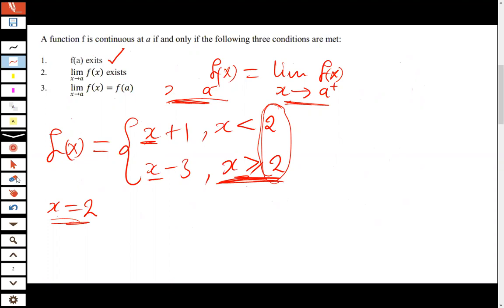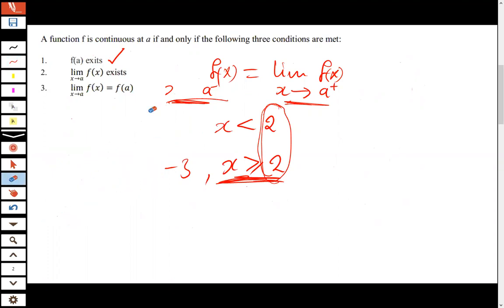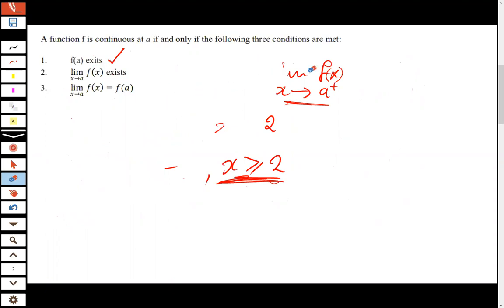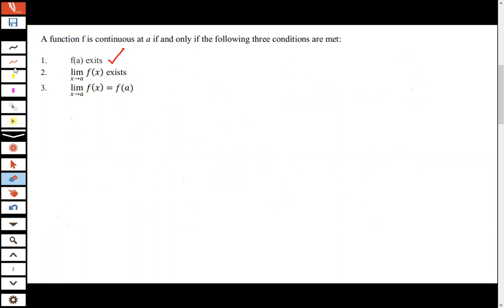As you are solving, if you find that any of these rules has been broken, or the function is not following any of these steps, you can conclude. So if in the first step you discover that f of a does not exist, you can conclude that the function f of x is not continuous at a.